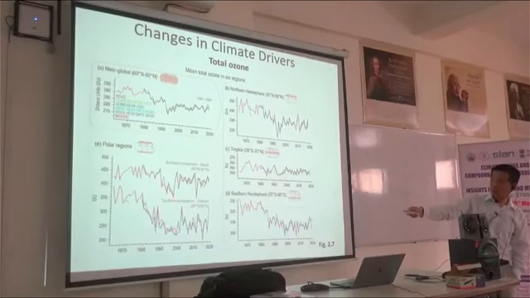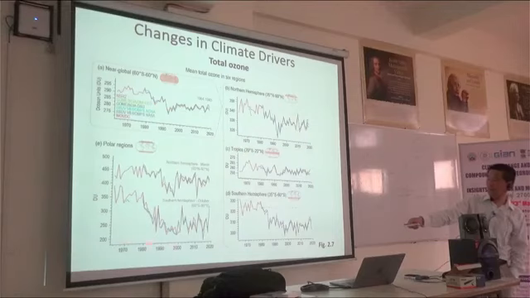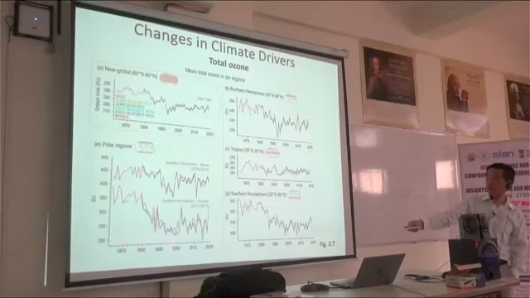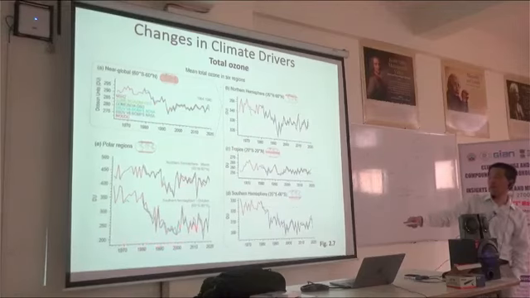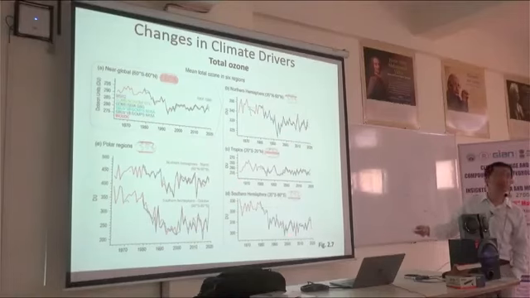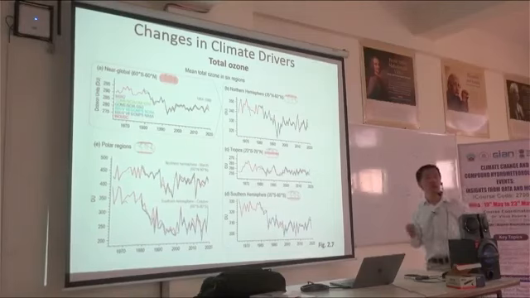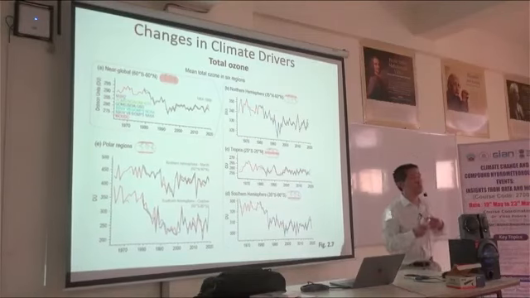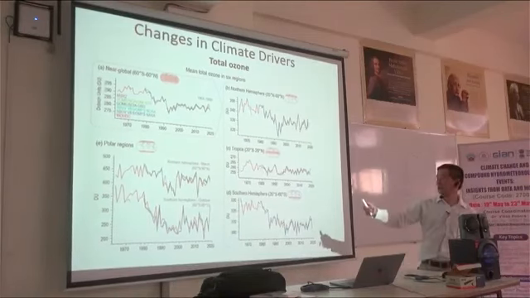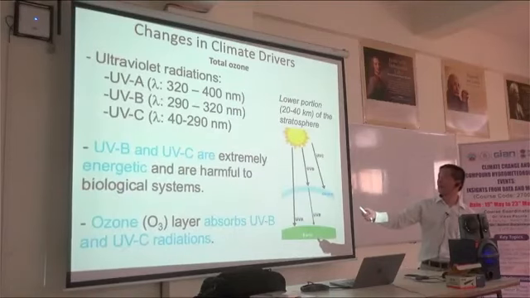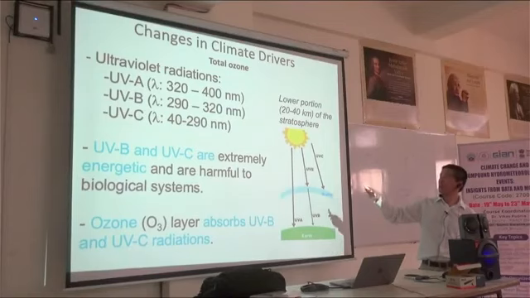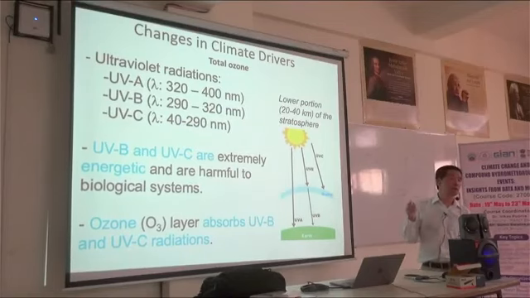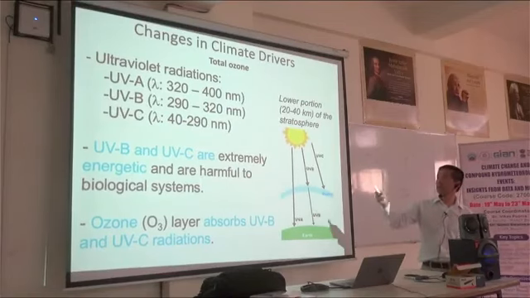Ozone layer has been depleting very fast in the last 20, 30 years until recently becoming stabilized. That's because of the Montreal Protocol, because we got rid of the CFC from our air. Here is just to give you an idea about UV. There are three types: UVA, UVB, and UVC.